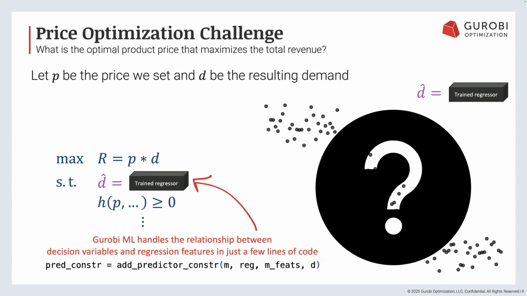Typically what you would do here is iterate through a bunch of price-demand pairs. You say, okay, if this is my price, this is my demand, and then use that as parameters for an optimization model to maximize revenue subject to all your other constraints, and you would iterate through that a bunch of times.